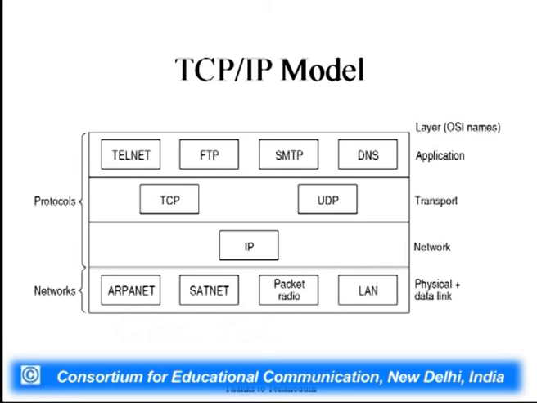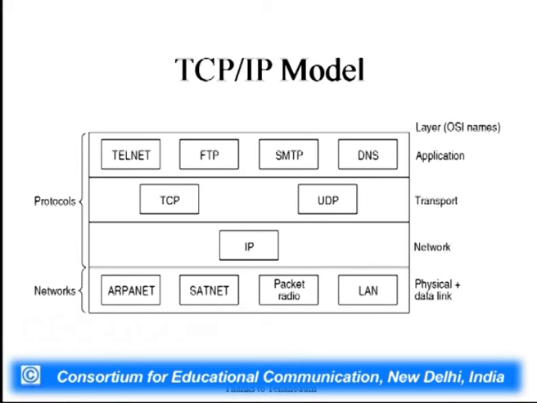If you are using a local area network, you may be using an Ethernet card, a token ring card, an FDDI card, fiber optical cable, a packet radio, which is a separate card for wireless, or a satellite network, SATNet. A different card may be used, and the ARPANET was using a different card. Depending on your requirement of a network, whatever kind of network, you buy a card and put it into your network or your devices. So, it is out of the domain of the TCP/IP protocol. It is hardware dependent. The data link layer and physical layer are implemented in hardware.